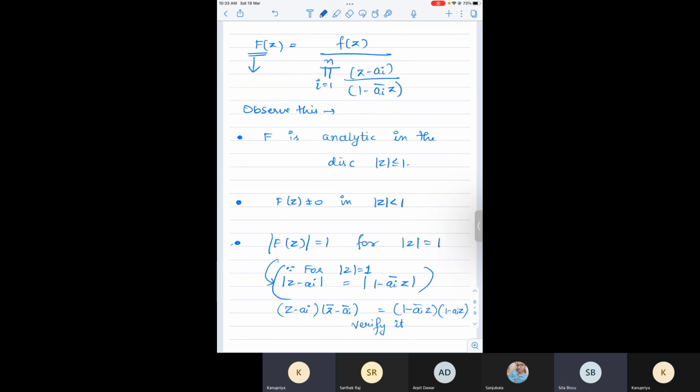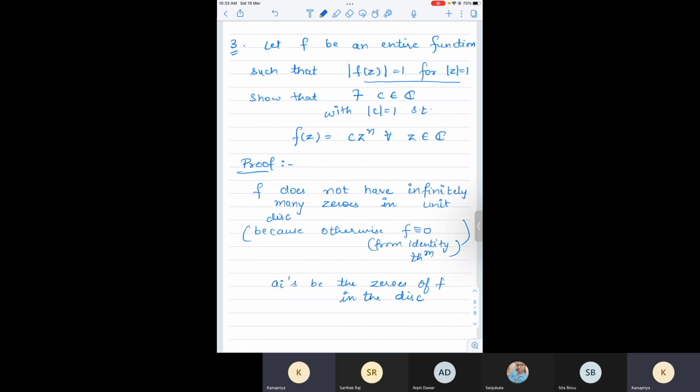Okay. See, first of all, we can see that this function will not have infinitely many zeros in the unit disk, because if it will happen, then the function will be identically zero from the identity theorem. Okay? So in the disk, we are having only finitely many zeros of this function f.